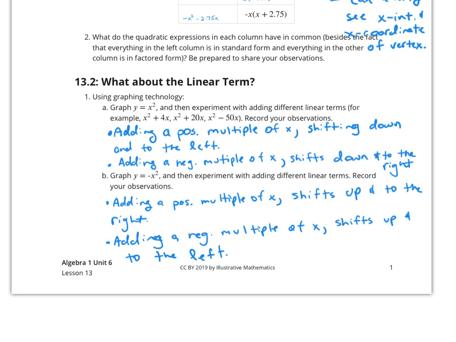For when my graphs are y equals negative x squared, meaning it's an upside down U, if I add a positive multiple of x, so a positive linear term, this time it's going to shift up and to the right. When I add a negative linear term, it's going to shift up and to the left.